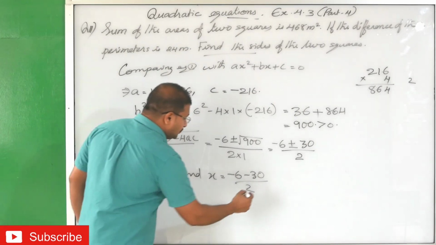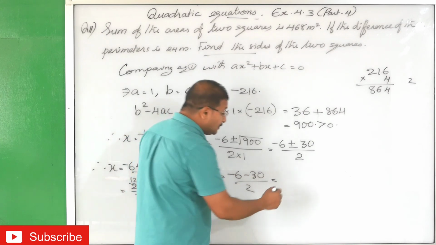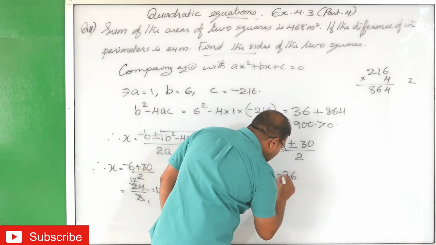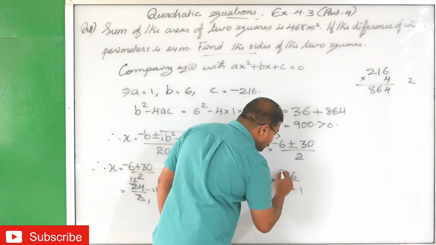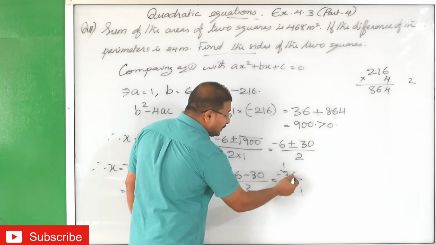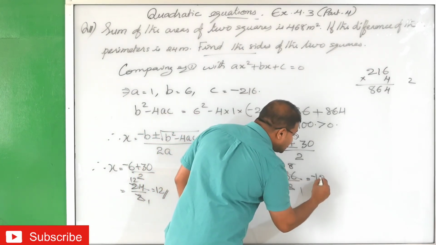Here what will happen? This equals minus into minus plus, that means 30 plus 6, 36. Of course, it should be minus 36 by 2. Cancel by 2, we get minus 18.